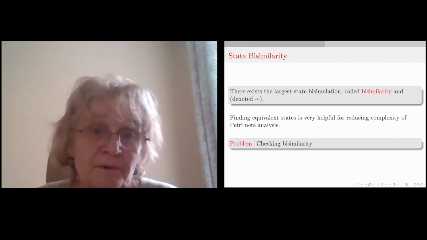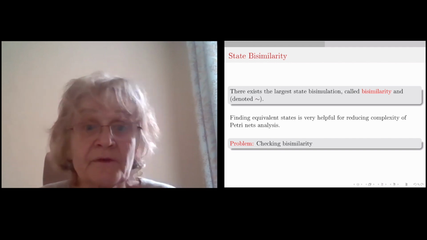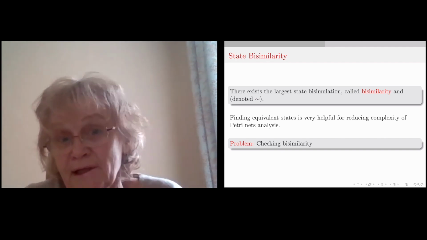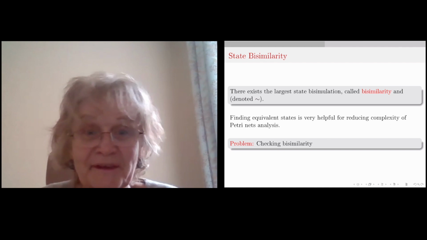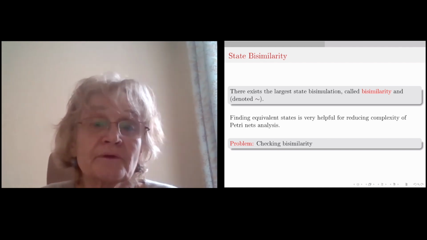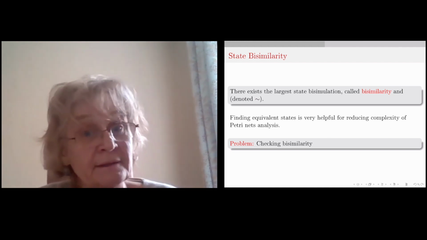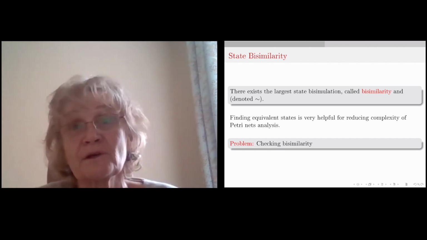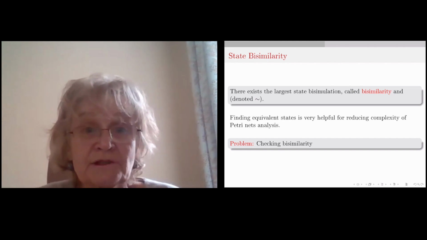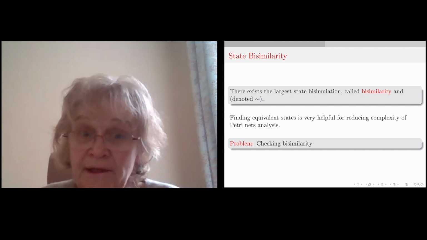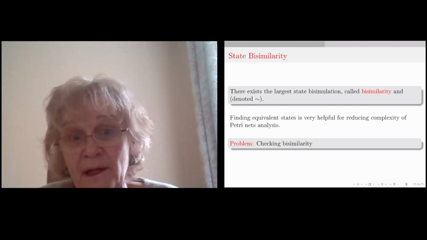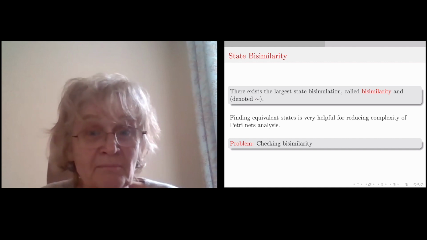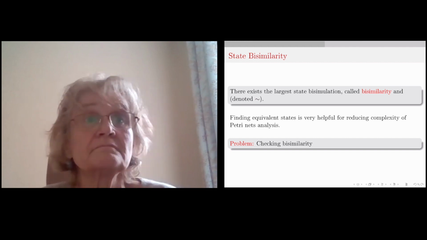First of all, it can be proven that it is an equivalence, and also the union of two, as a set of pairs, is also a bisimulation. Then there is the largest bisimulation, and it is called bisimilarity. So we say that two states are bisimilar if this pair of states belongs to some bisimulation.